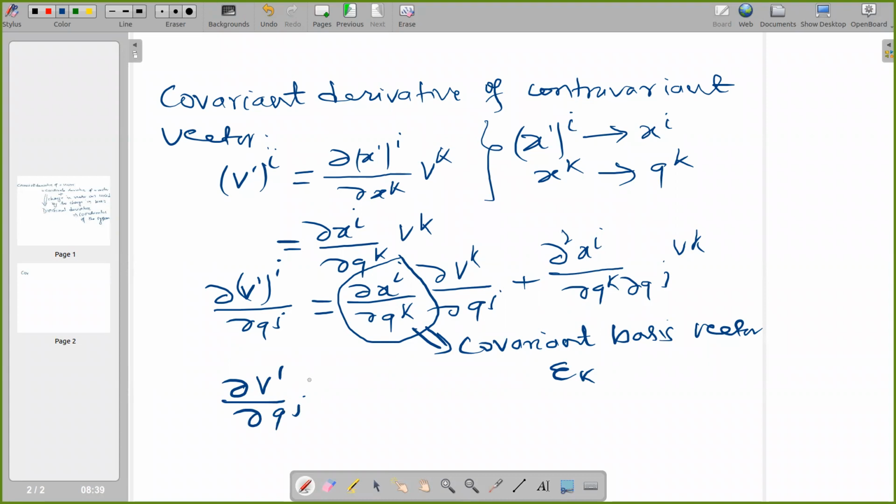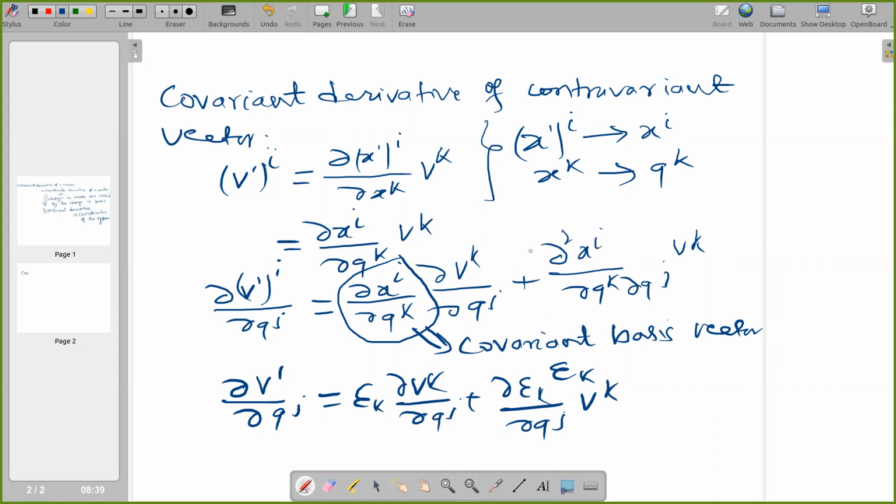Instead of writing components, we just write the vector. We would like to express it in a single vector equation.